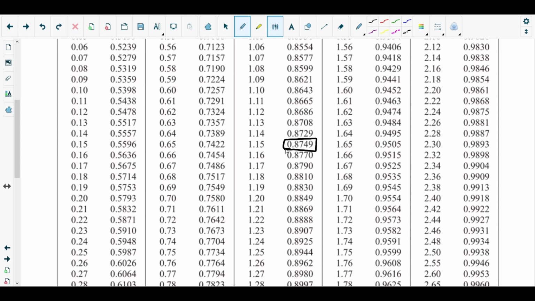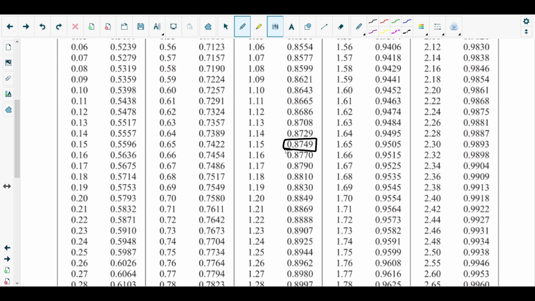If you have the ClassWiz calculator, go to mode and then press 7. Then you will have options like normal PD, the normal probability distribution, and normal CD, the normal cumulative distribution. We need cumulative, so press 2. The lower limit would be negative infinity, so put negative 9999.